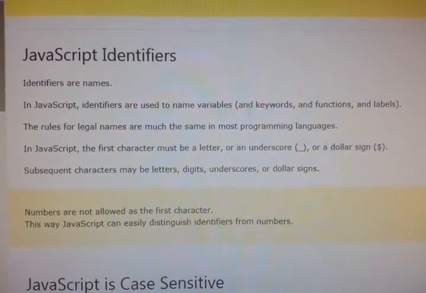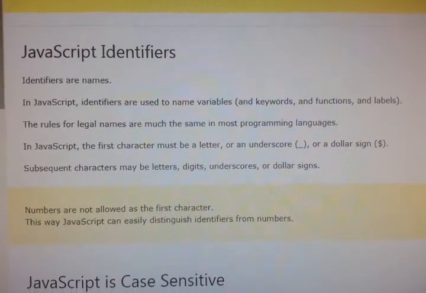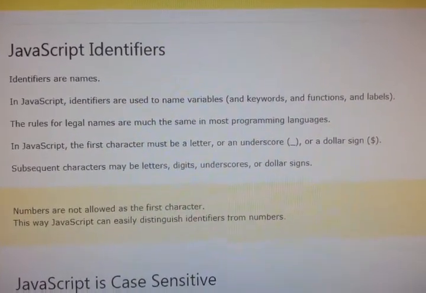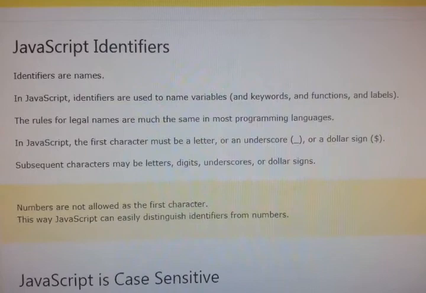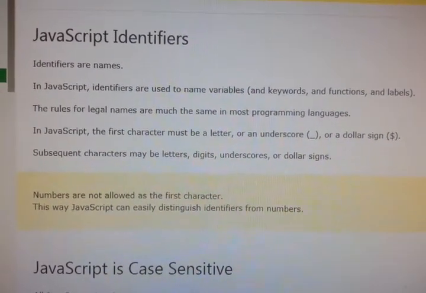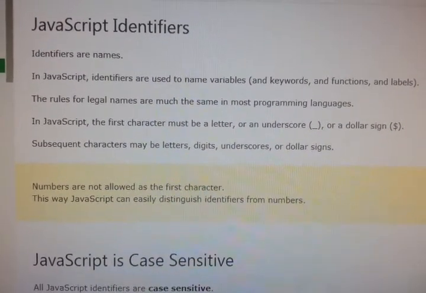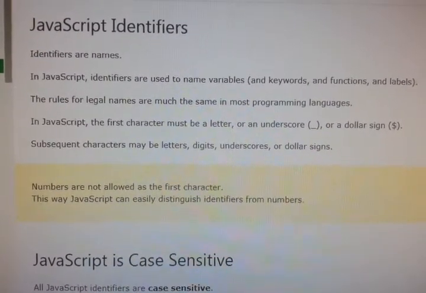In JavaScript, the first character must be a letter, an underscore or a $ sign. Subsequent characters may be letters, digits, underscore or $ sign. And numbers are not allowed as the first character.